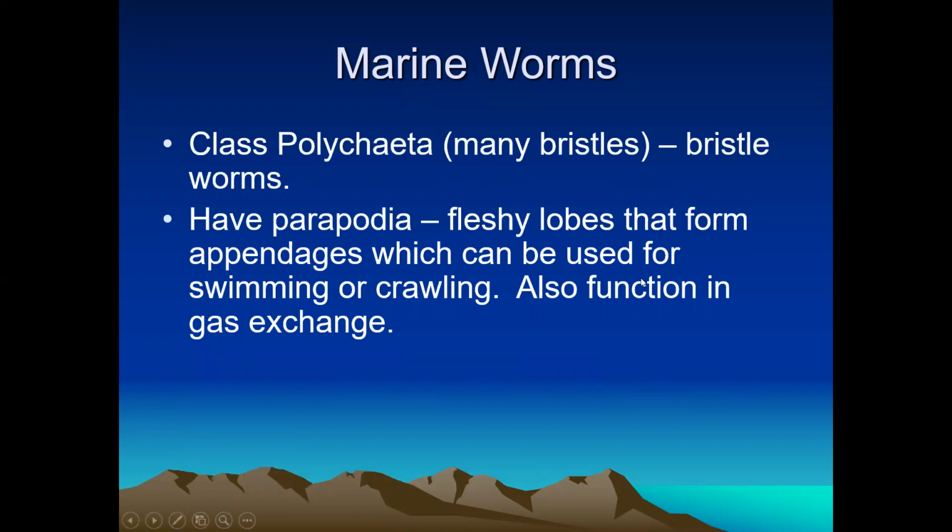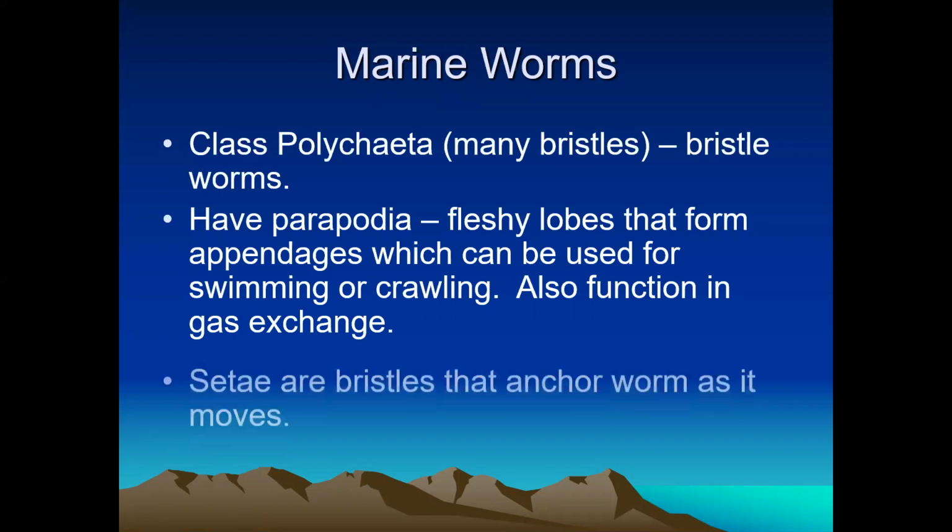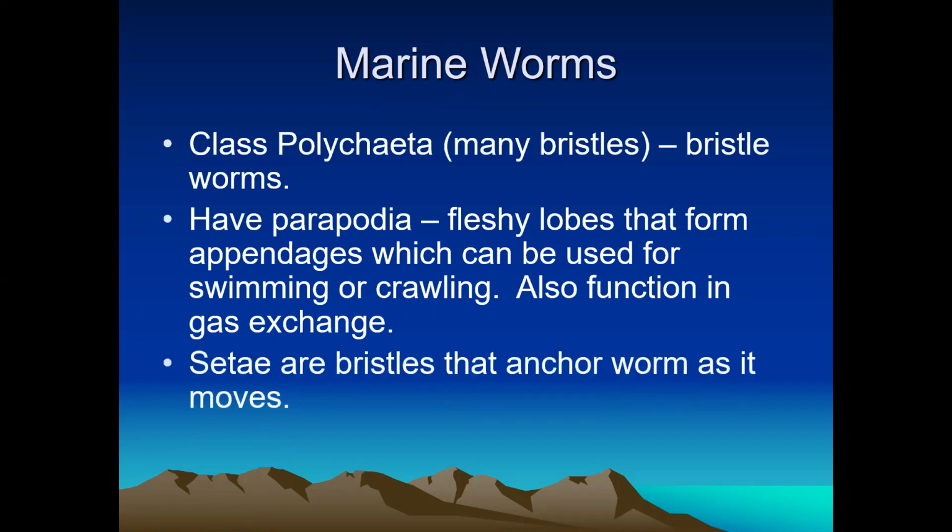The ones in the water don't have any problems staying damp. But ones that live on land have to stay in moist soil. They have to stay near water where they can re-moisten if they get a little dry. The setae, which is what they use to crawl and push themselves along, are actually exaggerated into bristles, and that helps anchor the worm as it moves.